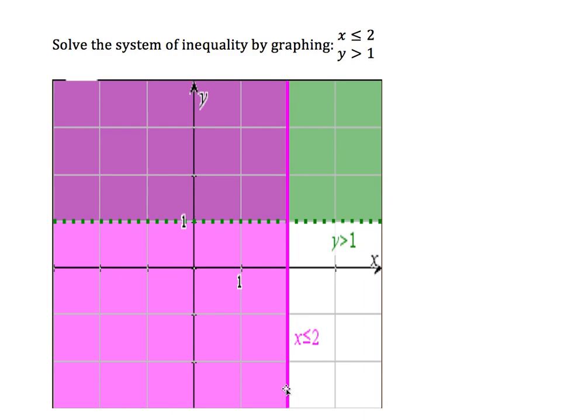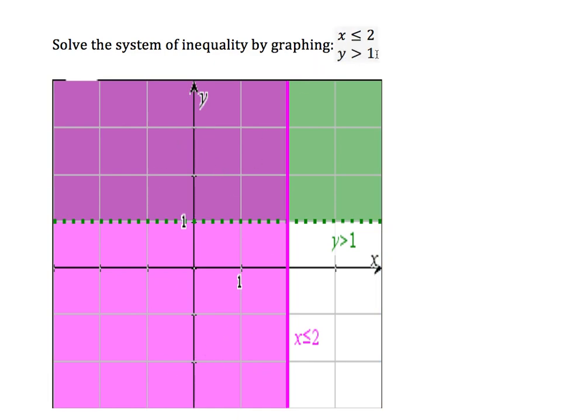And this is going to be a solid line because you have the equals line here. And then you would plug in 0, 0 here for your x, and 0 is less than or equal to 2, which is a true statement. So then because 0, 0 is on this side of your pink line here, you would shade in all of this side of the graph, excuse me.